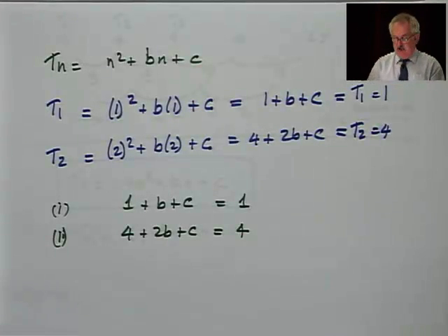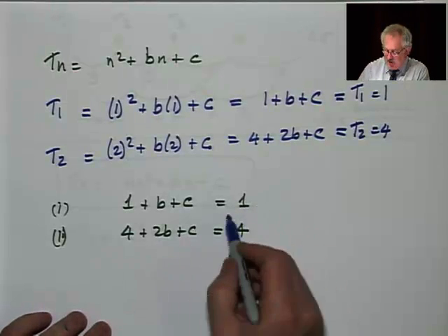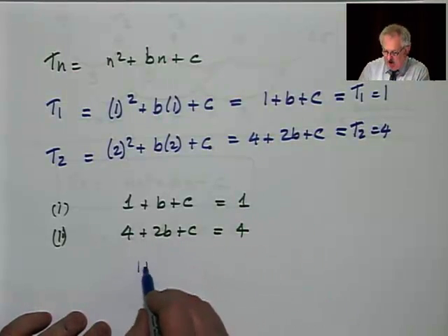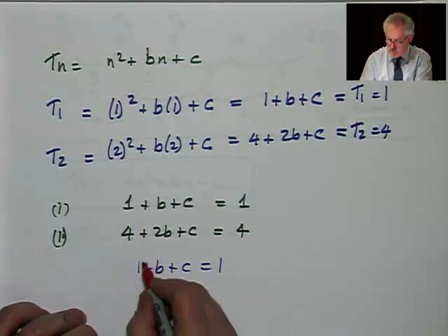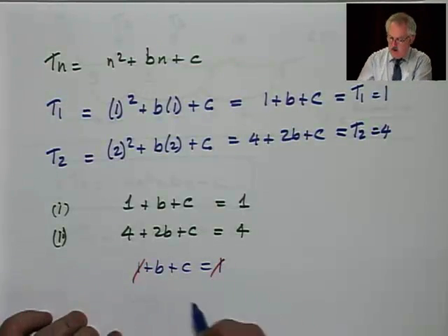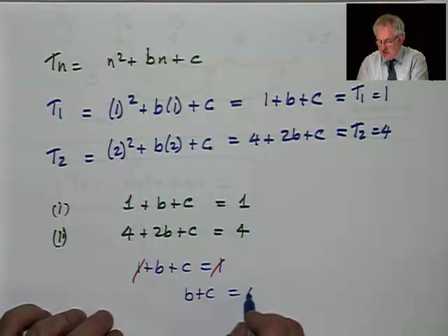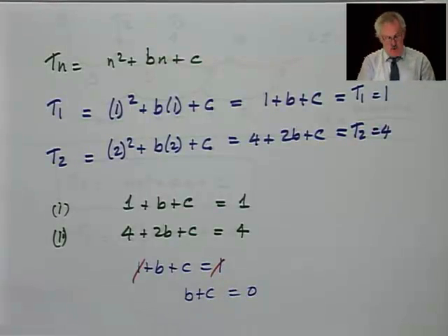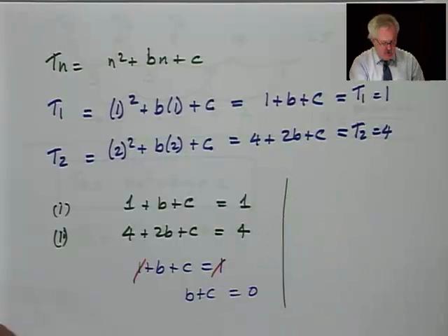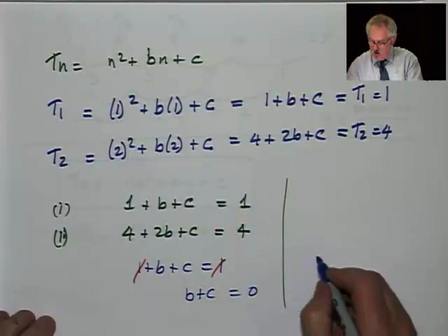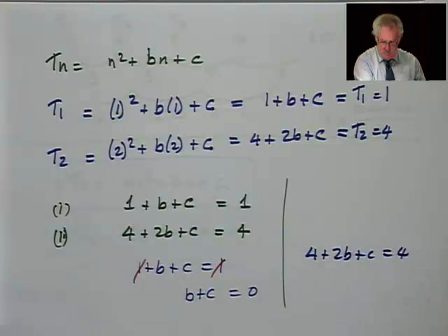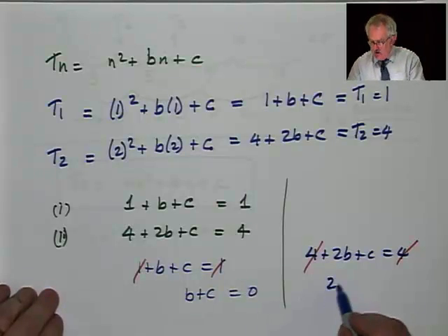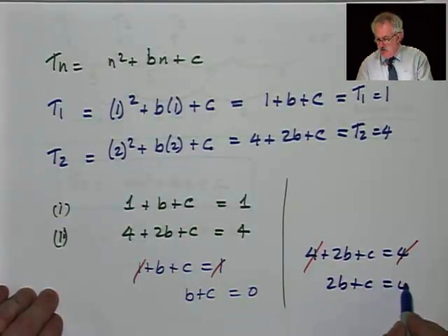I think we could simplify those. We could take the first one: 1 plus b plus c is 1, so b plus c is 0. We could take the second one: 4 plus 2b plus c is 4, so 2b plus c is 0.